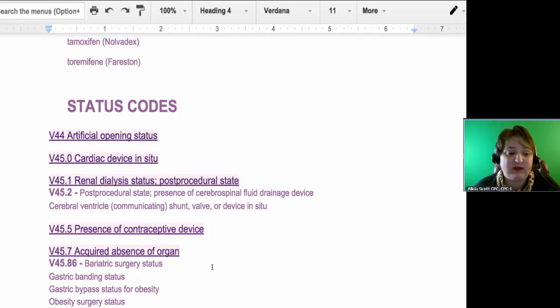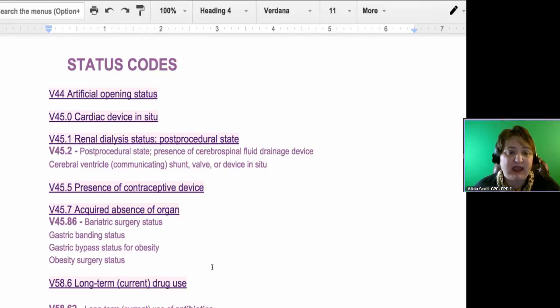That would be if a person had, maybe, their spleen removed because they'd had an automobile accident. If they give you a kidney transplant, they don't actually take out one of the kidneys. They leave them in there. So that's not an acquired absence of an organ. You may not have known that. V45.86, bariatric surgery status.